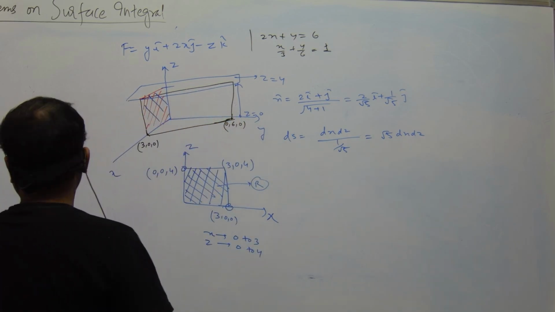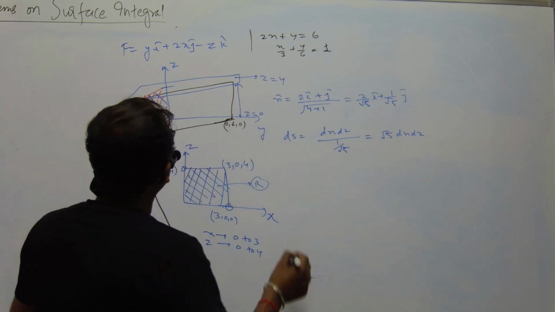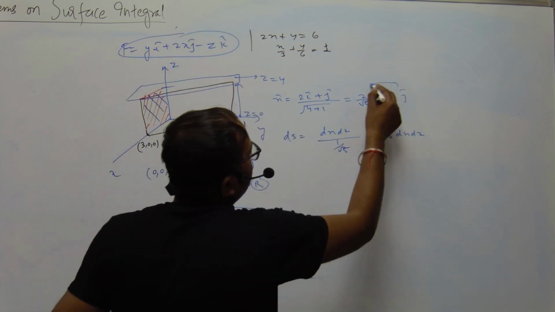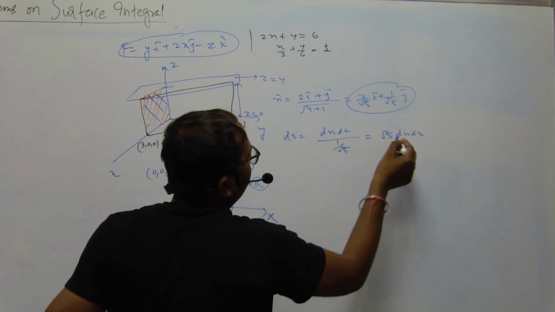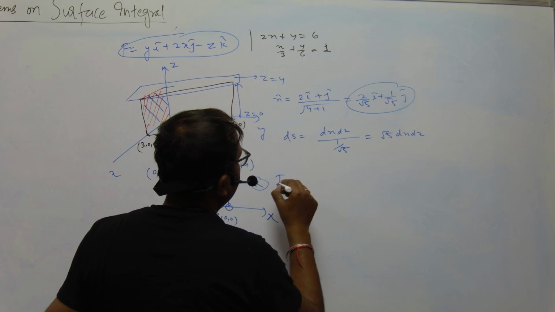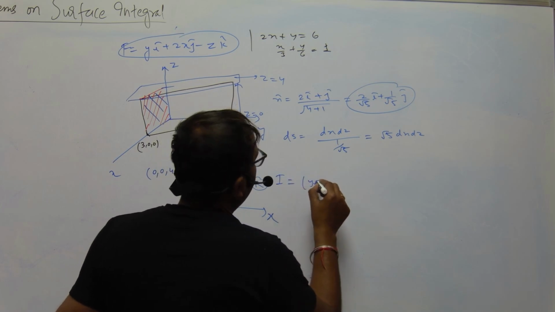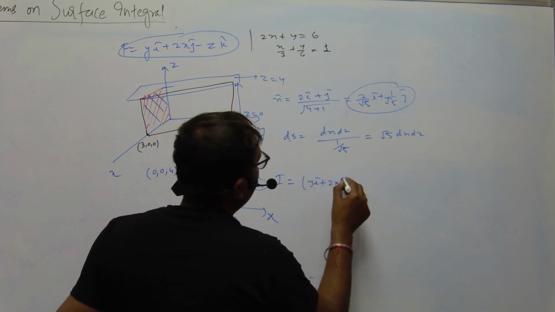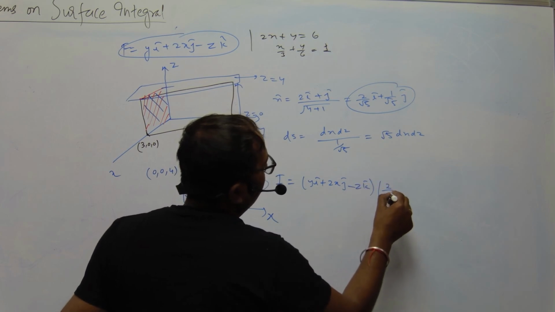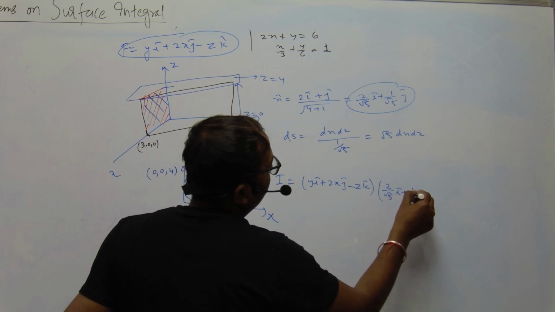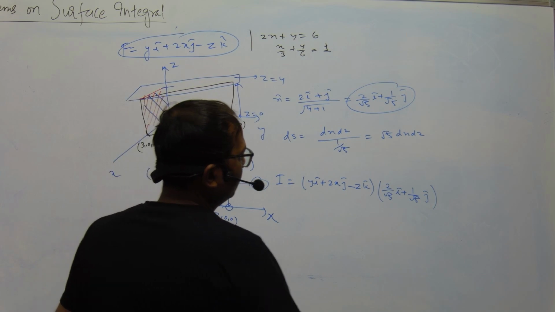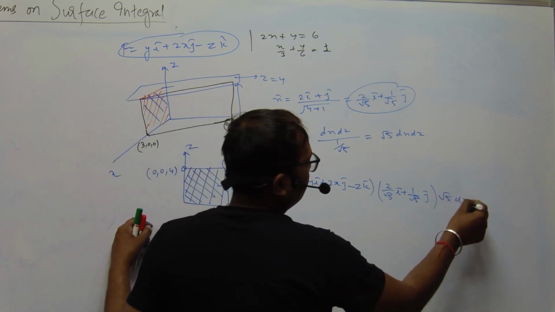So we have the value as f dot n cap ds. We have the value of f, the value of n cap and the value of ds. Let us place these, and take this as I. This is y i cap plus x j cap plus z k cap, dot 2 upon root 5 i cap plus 1 upon root 5 j cap, times ds, where ds is root 5 dx dz.